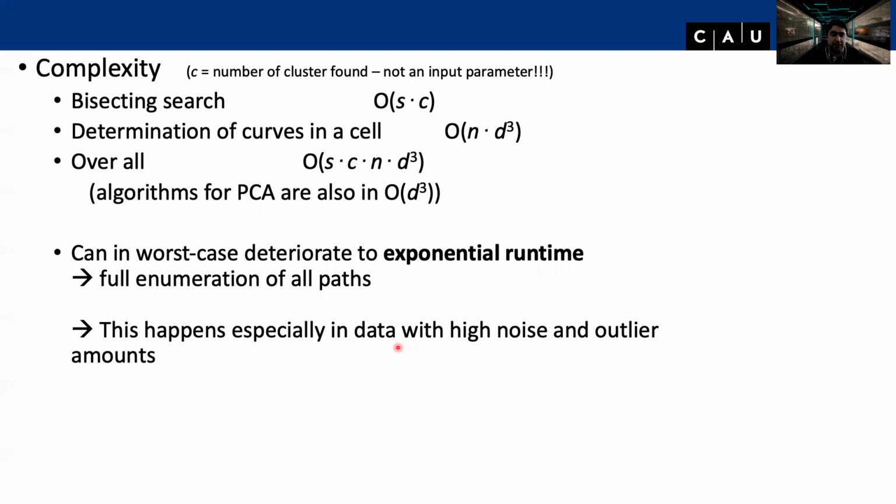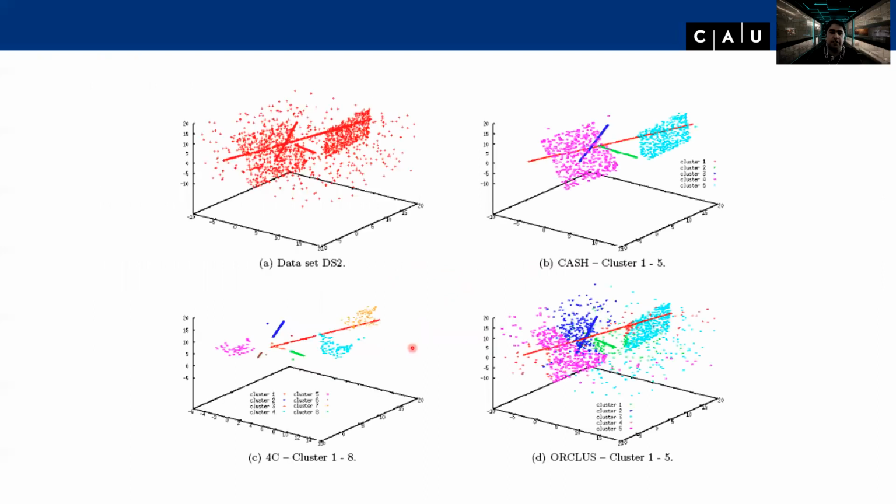So this is one insight that we had from a so-called DMAS paper, which we will elaborate on later. And how does it actually perform? Well, this is a data set. We recognize here a plane, here one line, here one line, and here one line. If we apply 4C, we see, oh, it kind of fragments and it does not fully detect this one entire plane since it has different density.